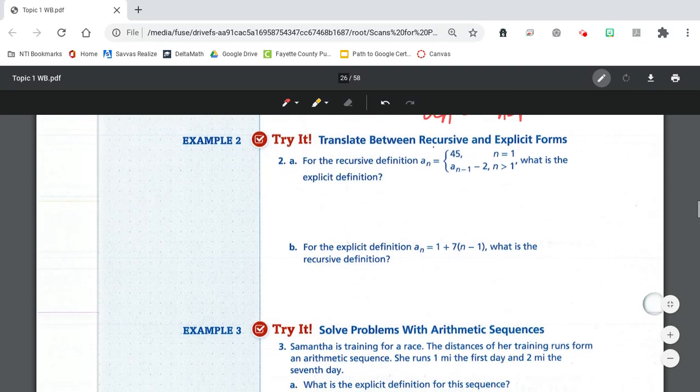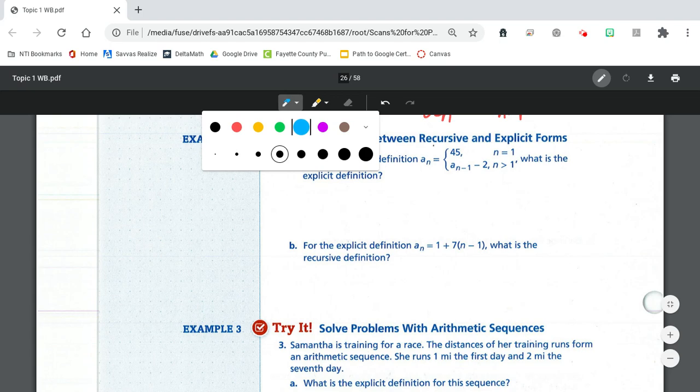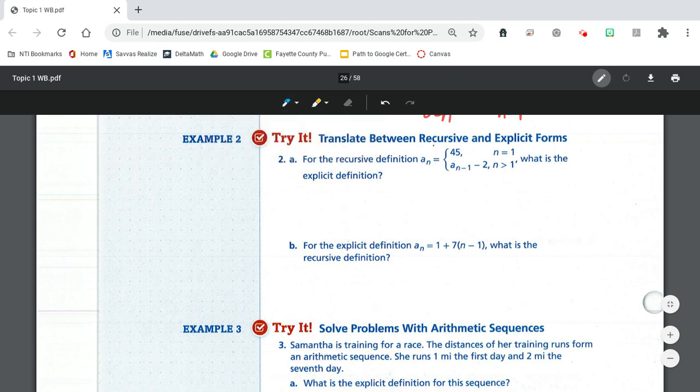Example 2, translate between recursive and explicit forms. So part 2a says, for the recursive definition, a sub n equals 45 if n equals 1, and a sub n minus 1 minus 2 if n is greater than 1. What is the explicit definition? Okay, so I'm going to come over here and remind myself that the explicit definition is a sub 1 plus the common difference times n minus 1.